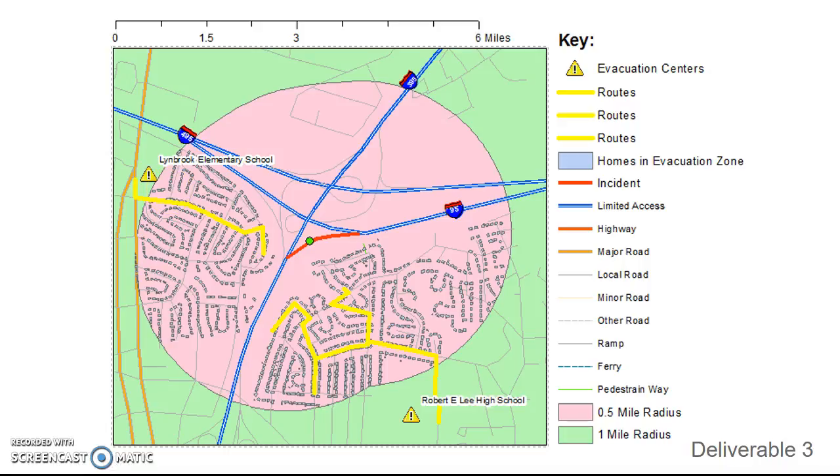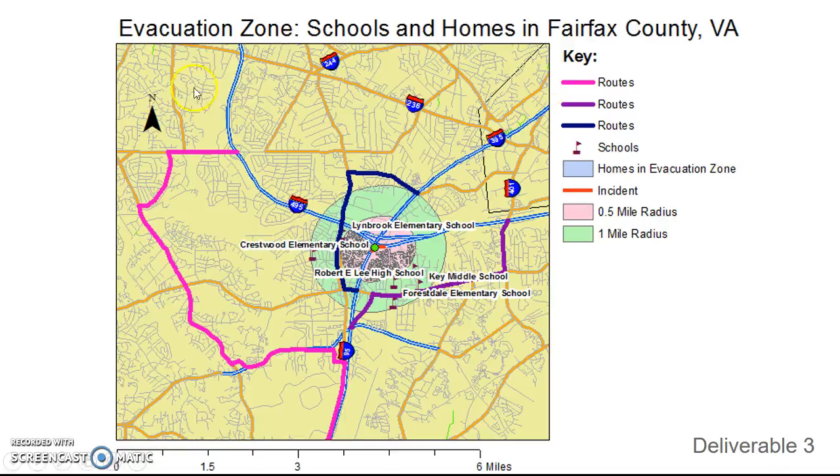To the east of 395 and still south of 95, there's going to be more extensive evacuation, probably going to need more police efforts there too, because multiple neighborhoods and lots of little side streets are all going to Robert E. Lee High School. The evacuation zone in general is the third deliverable for this project and involved network analysis.